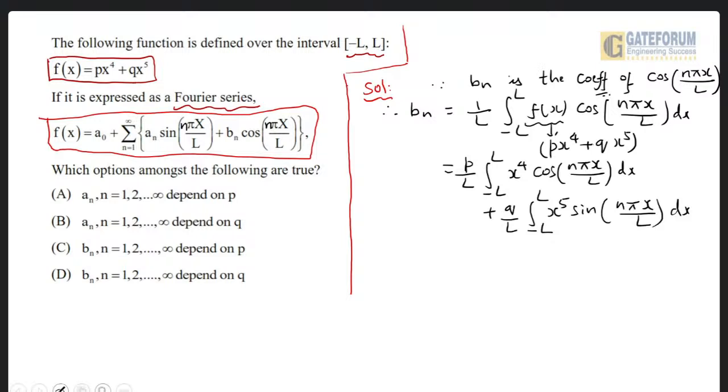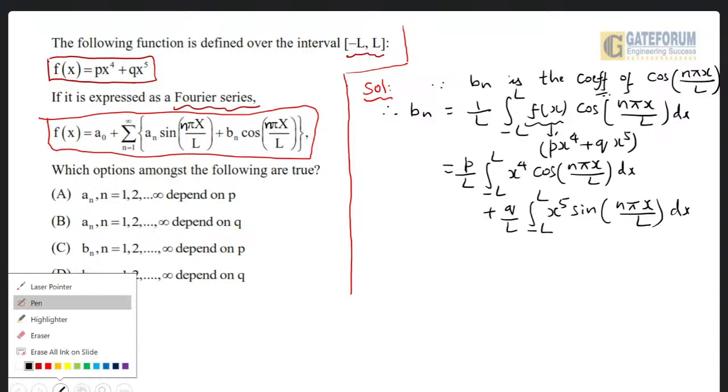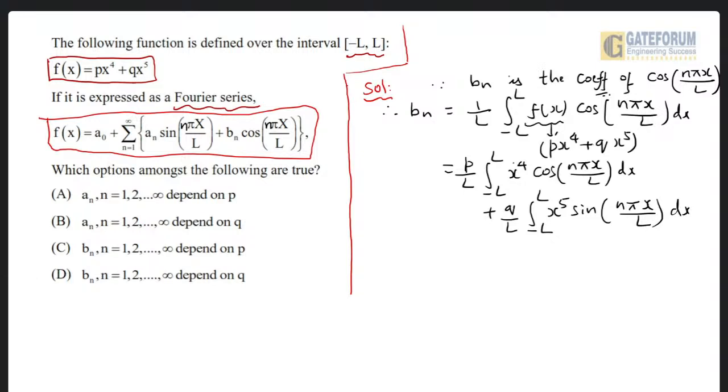So x power 4 is an even function, cos is an even function. This is cos. Kindly excuse me.